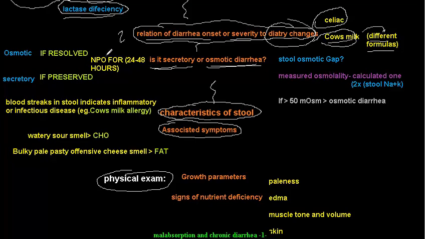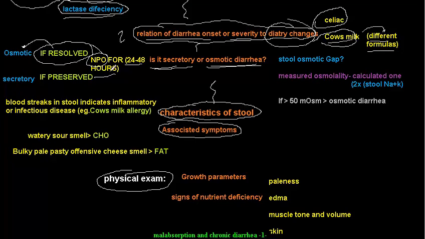You can make the baby nil per oral for 24 to 48 hours. If the diarrhea resolves, then we have osmotic diarrhea. This diarrhea is due to food. Something about osmolarity of the intestinal tract makes this diarrhea.